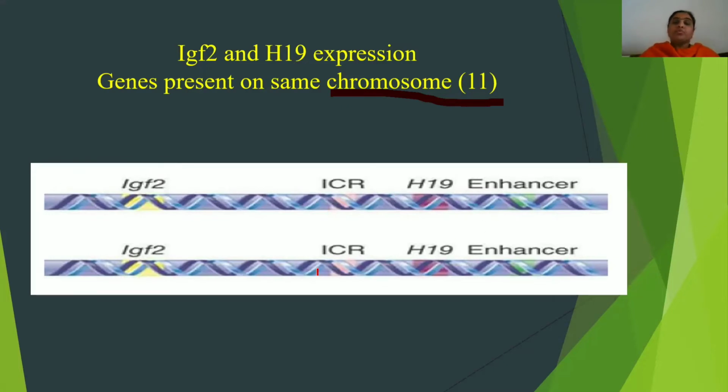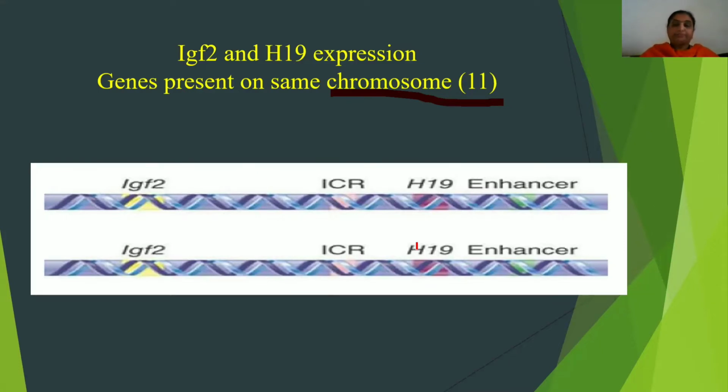So these are the two chromosomes, and on the two chromosomes the two alleles are present: IGF2 and H19 from the maternal side, and IGF2 and H19 from the paternal side. So all genes are present in 2n number. Why? Because eukaryotes are diploid, and as they are diploid, two allelic forms are present.